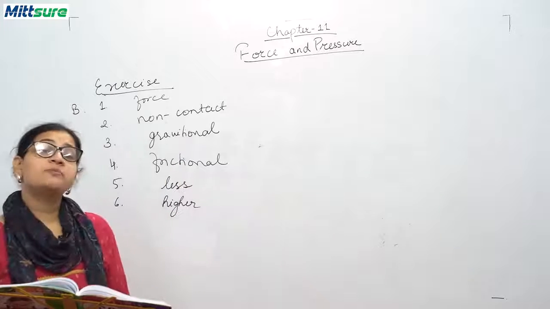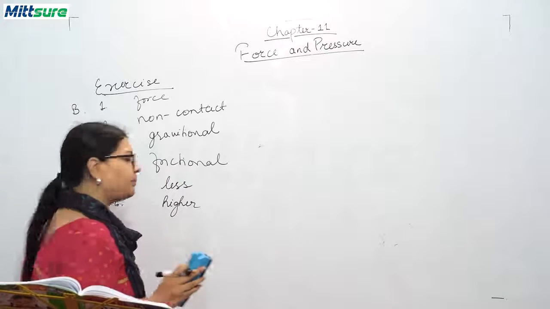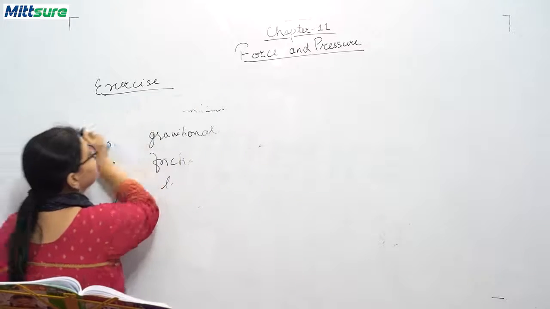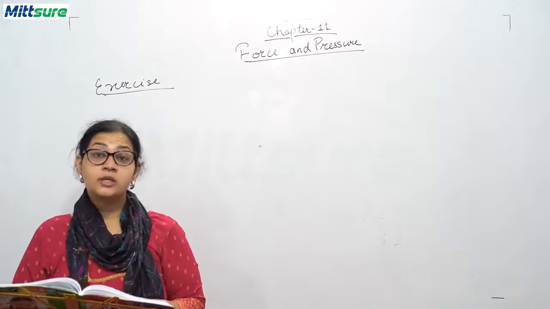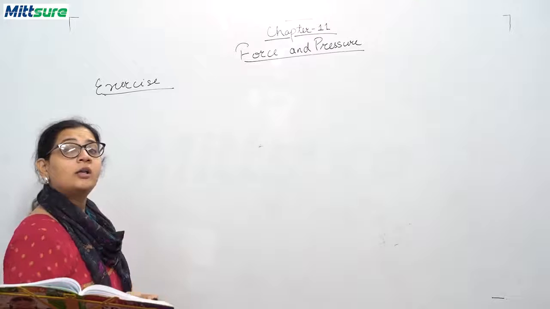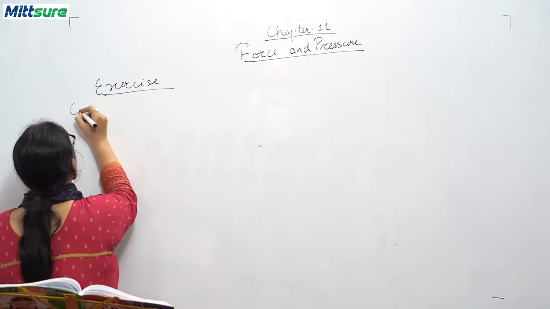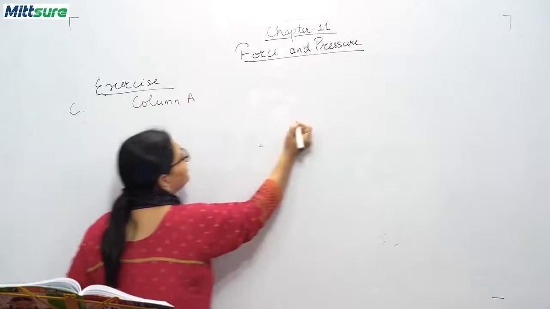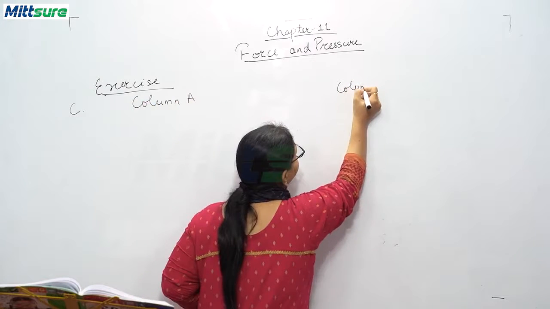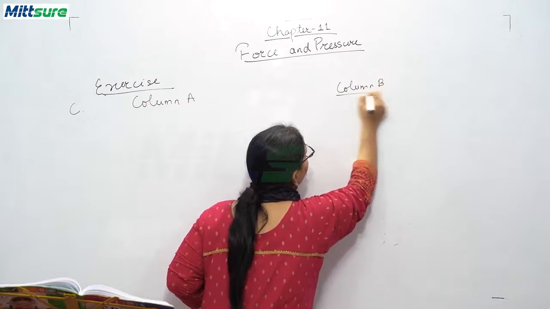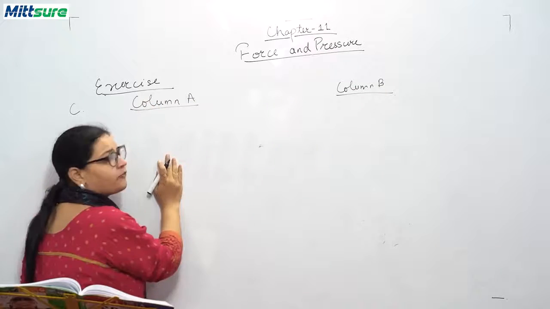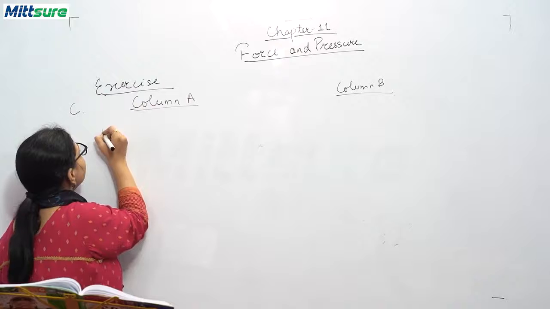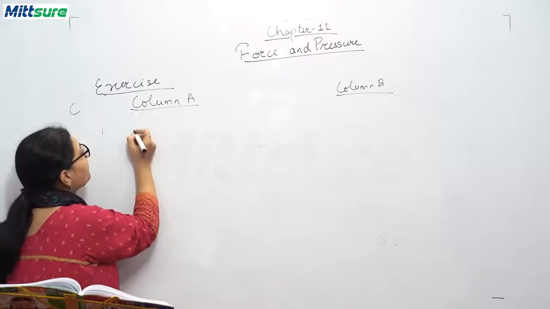Okay, now the C question is match the column A with column B. Okay, so let me wrap this first. Now the C question comprises of match the column A with column B. Okay, now we will be writing this column A here and the column B will be written here. Okay, so you have to match this column A with this column B. Okay, so the first here is pressure.